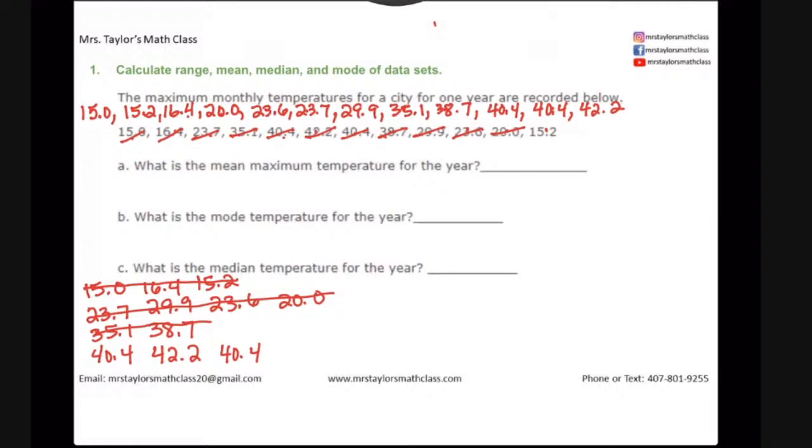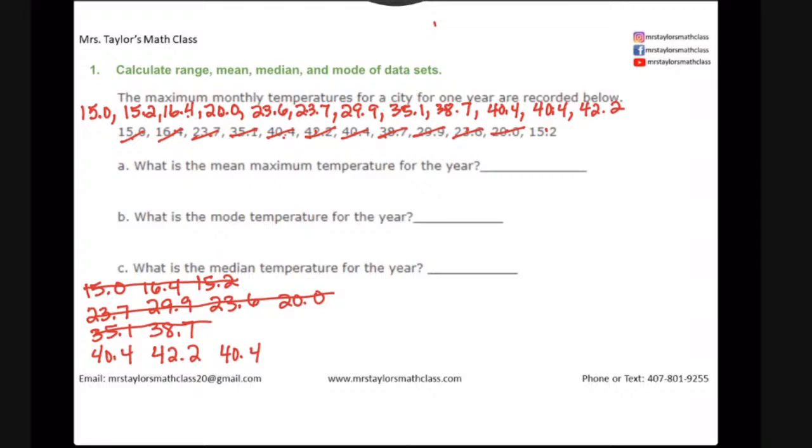So now, in order to find the mean, you need to add up the 12 numbers and then divide by 12. So let me get my calculator. And you can work along with me if you're watching me tonight. So let's add these numbers up.